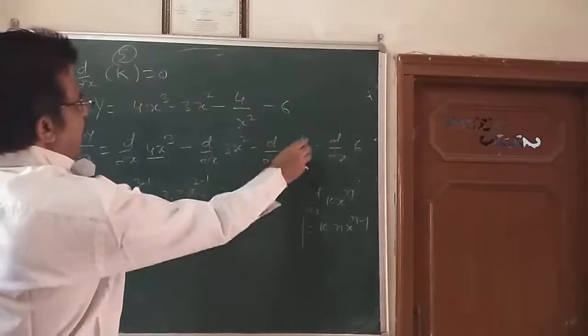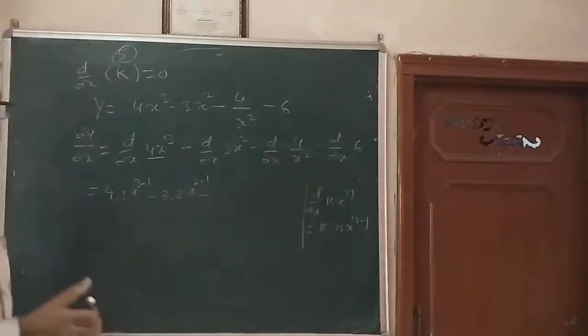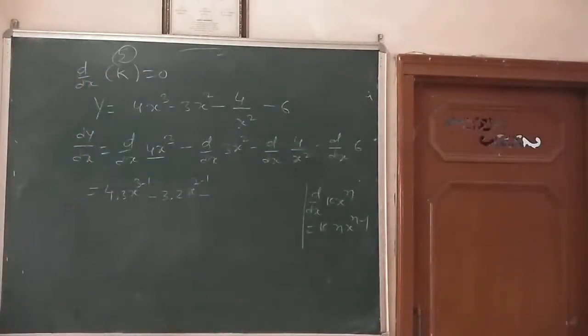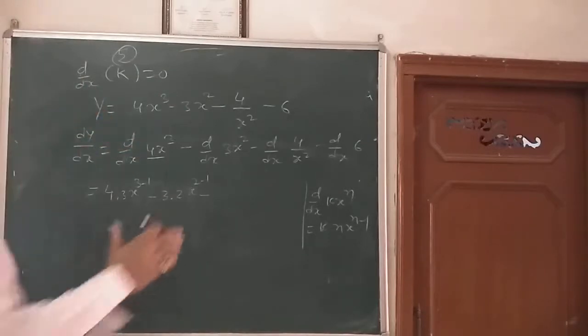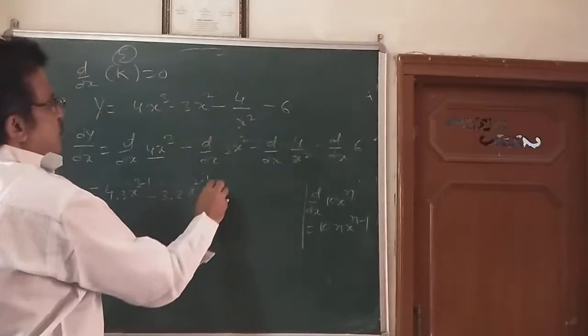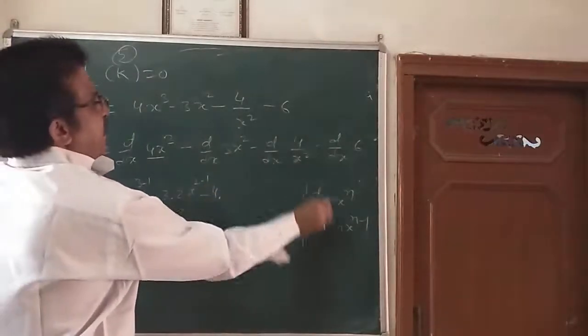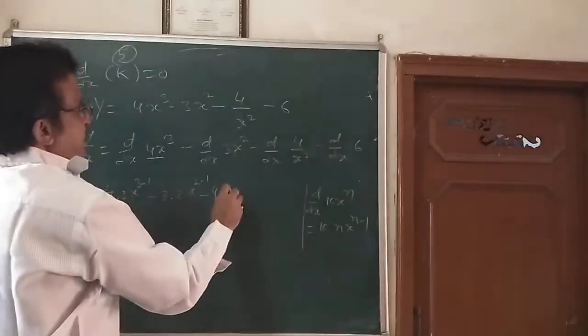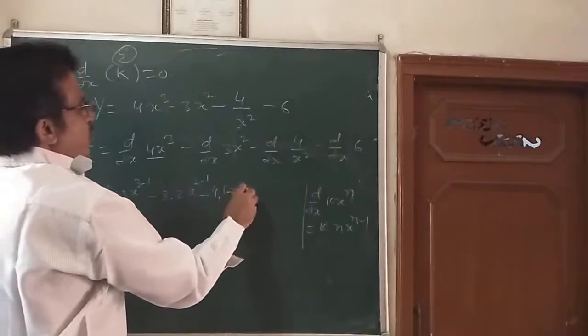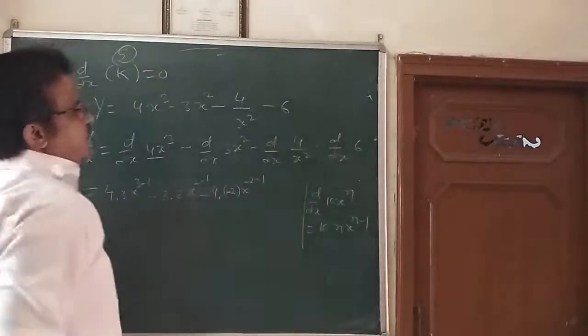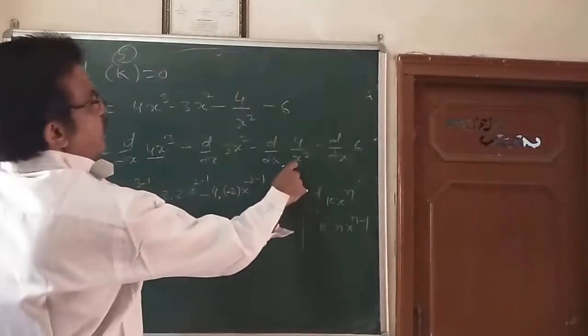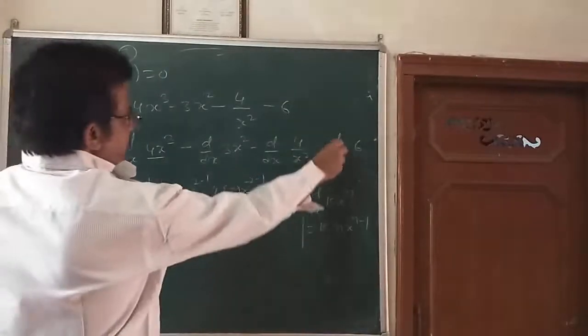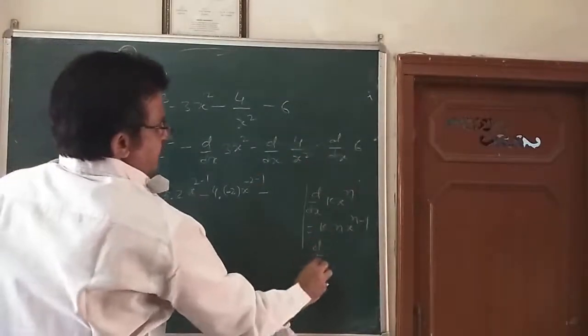Minus d by dx of 4 by x square. You take x square upward, that is x to the power minus 2, so n is minus 2 because it came upward. That is 4 times minus 2 x to the power minus 2 minus 1. Here put n as minus 2. Minus differentiation of constant, that is 0.